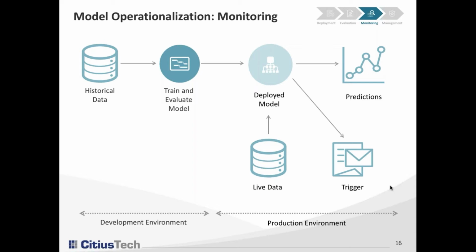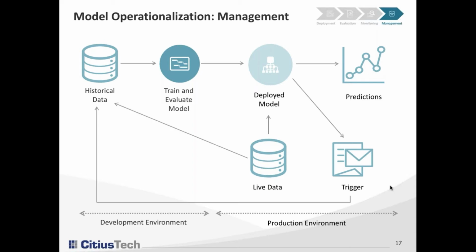Again, we'll talk about that in some future slides. And finally, there's model management, in which the model is managed based on the performance metrics and thresholds. And again, as mentioned, the model can be retrained or can be rebuilt depending how well it's doing within the environment. And whether you rebuild or retrain the model, in both cases, the model then gets redeployed in the production environment. The process is then repeated.